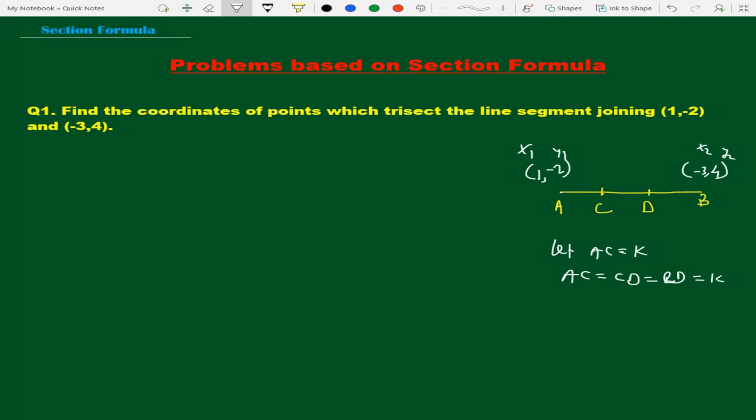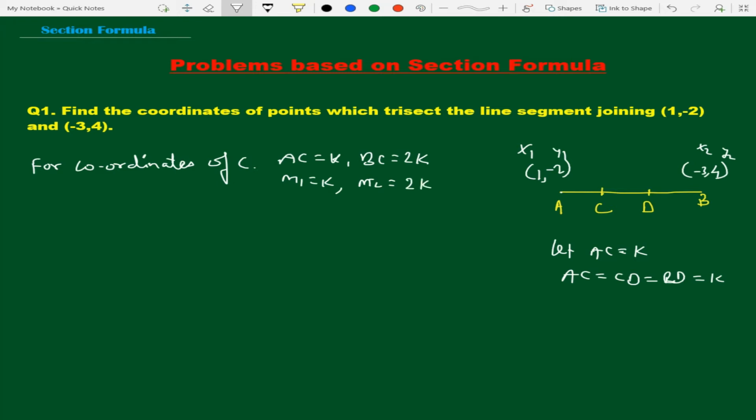Now for coordinates of C, here AC is k, then BC will be twice of k, right? Means m1 is k and m2 will be twice k.